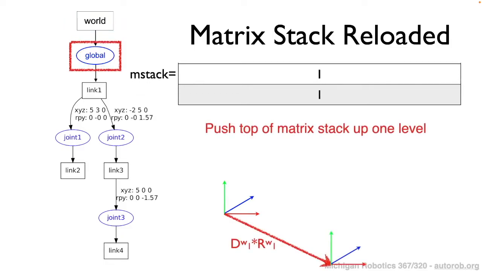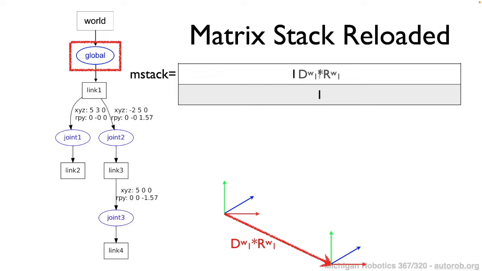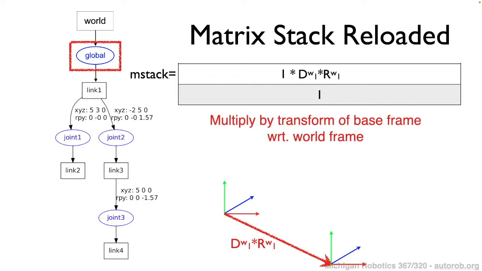Then we begin recursing down the tree. The first node in the tree represents the base frame of the robot, or we could think about this as being the origin of our robot. To calculate the transformation from the origin of our robot to the world coordinate frame, we're going to compose the rotation and translation that transforms from the link 1 coordinate frame to the world coordinate frame.